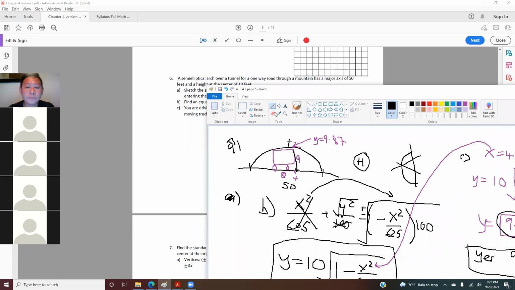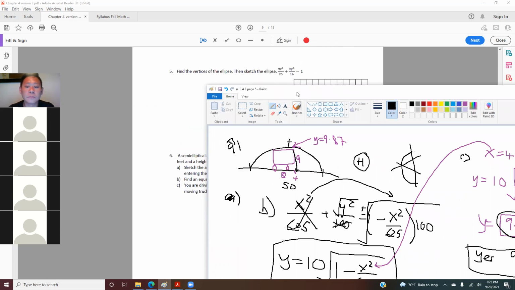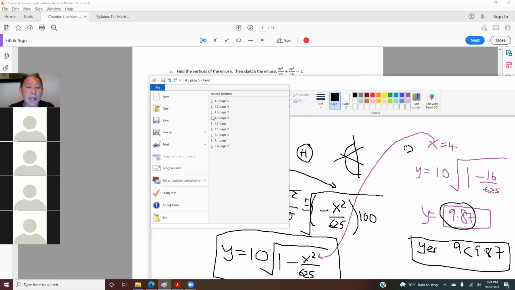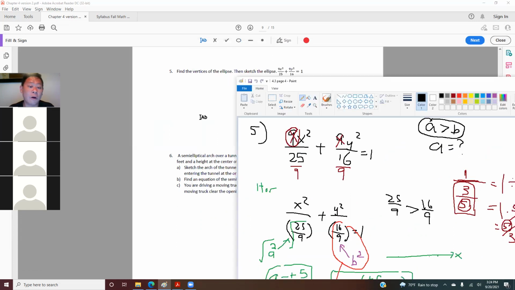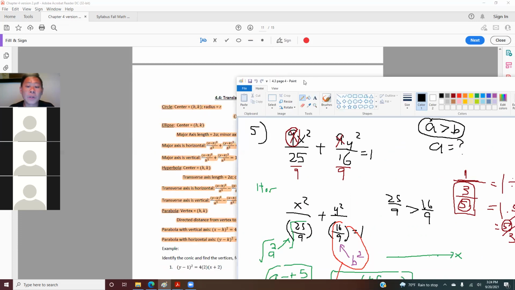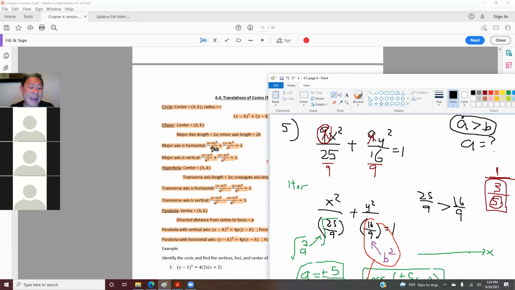Gamal, go ahead. In question number 5, you said it was a horizontal axis. How did we get to that? So in question 5, give me a sec. So this is question 5. Because we know A is greater than B, when you move the 9 down there, you use your calculator. What is 25 over 9? What is 16 over 9? The bigger one is your A. But how do we know that isn't plotted on the y-axis? If you look at the formula, the A has to be greater than B, so the A has to be above x.